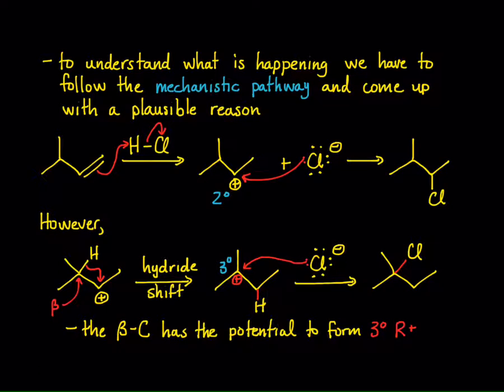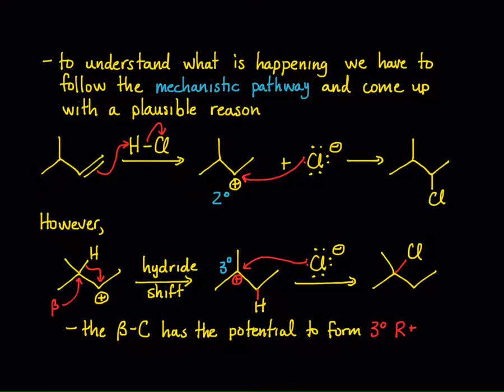So the only way to explain the formation of my major product is to say that the carbocation underwent a rearrangement. And this particular rearrangement is a hydride shift. A hydride shifted over to the secondary carbocation to form a more stable tertiary carbocation on the beta carbon.